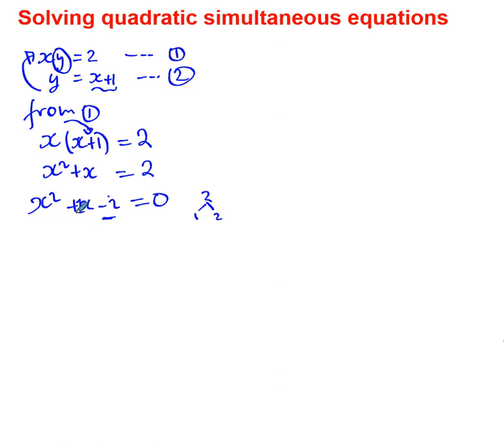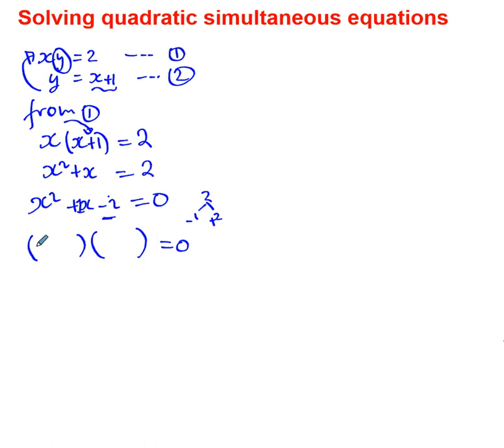We need to end up with positive 1, so that means this needs to be plus 2 and this one needs to be minus 1. Okay, so here come your 2 brackets. You should be able to do this. If you need to learn this, please go and learn how to factorize quadratics. That's a different topic.